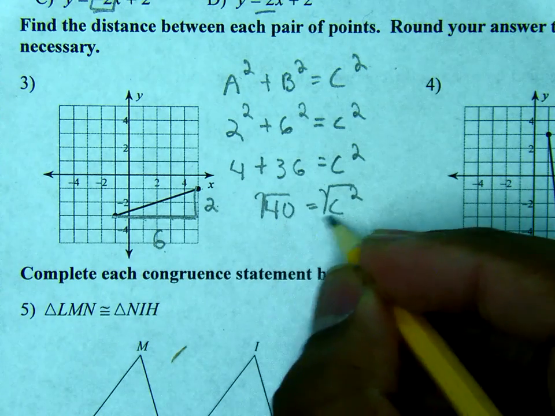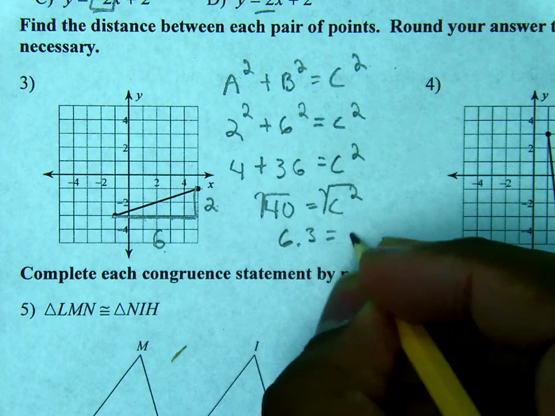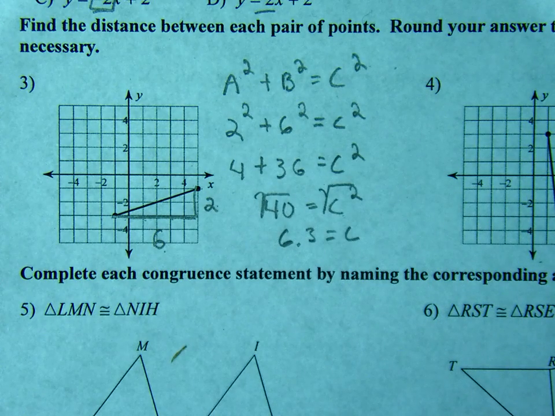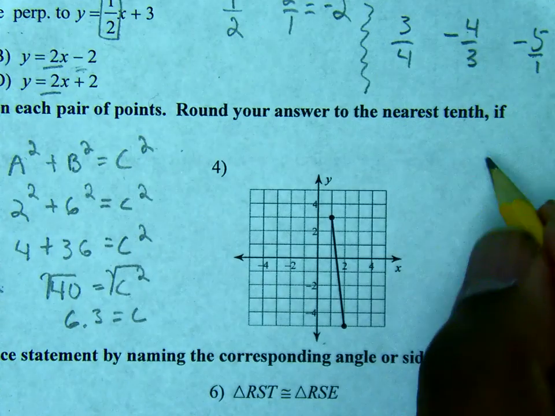I'll do the square root on both sides and get 6.3 is equal to c. Remember, it says here to round to the nearest tenth, so that's how I get 6.3.